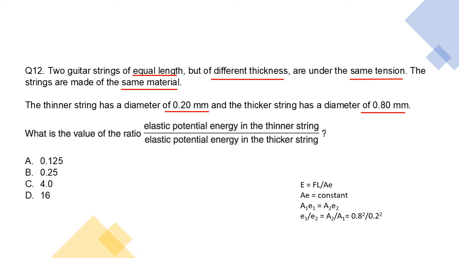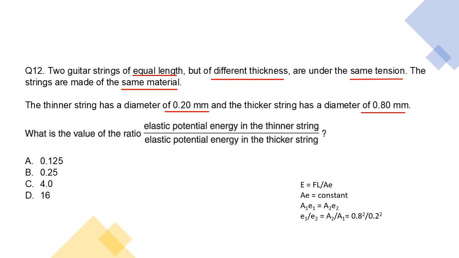Now you can ask, but 0.8 and 0.2 are the diameters, not the areas. But you have pi d square over 4 in the numerator and pi d square over 4 in the denominator, so pi and 4 get cancelled, and what we are left with is diameter square. So now you know the value of E1 and E2, and you can put it back into the equation. Elastic potential energy of the thinner wire is half F times E1 and of the thicker wire is half F times E2. Half and F get cancelled.